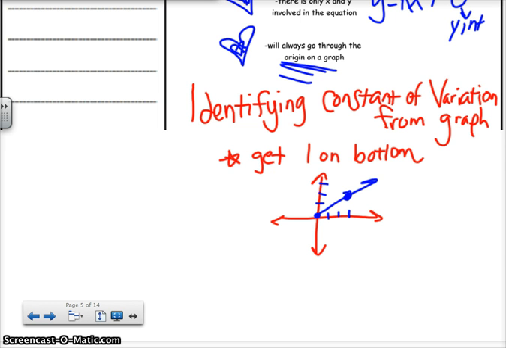Or how much for 1? Well, I find my slope. Constant of variation is just slope. So I find my slope, rise over run, and then I want to know how much for 1. So it looks like I went up 2 over 3. So my slope is 2/3, right?